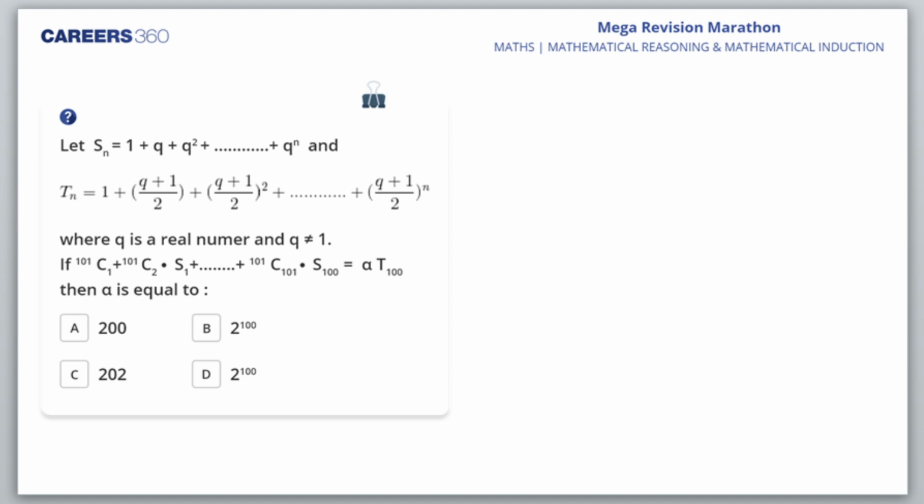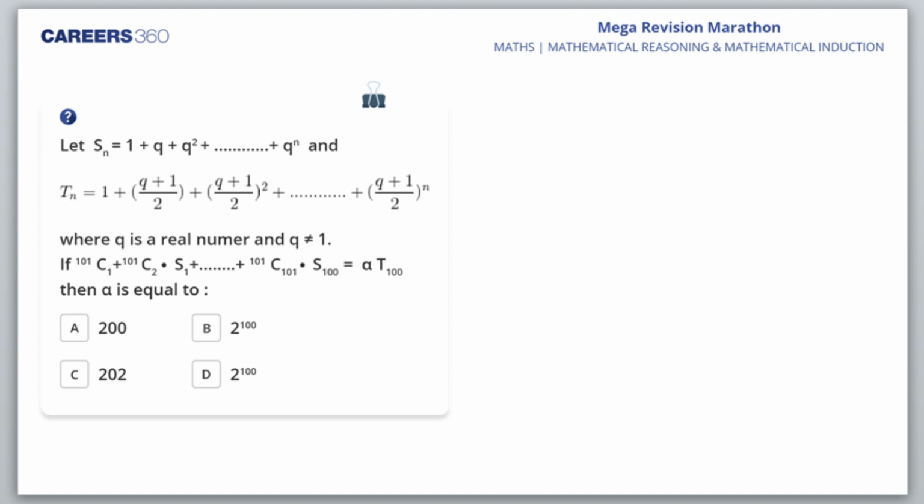Sn is 1 plus q plus q squared till q^n. And Tn is 1 plus (q plus 1 by 2) plus (q plus 1 by 2) whole square, and so on, (q plus 1 by 2) whole raised to power n. Santosh, you got plus 4, okay. Dilip Ratha plus 4, Rohit plus 4, very good.